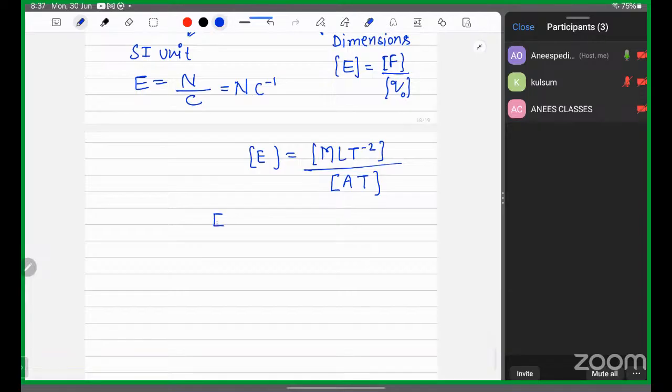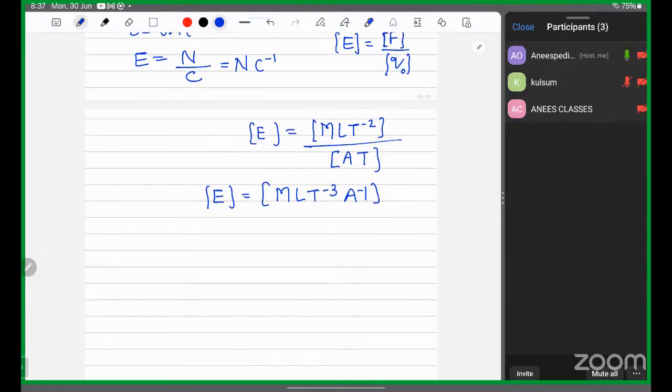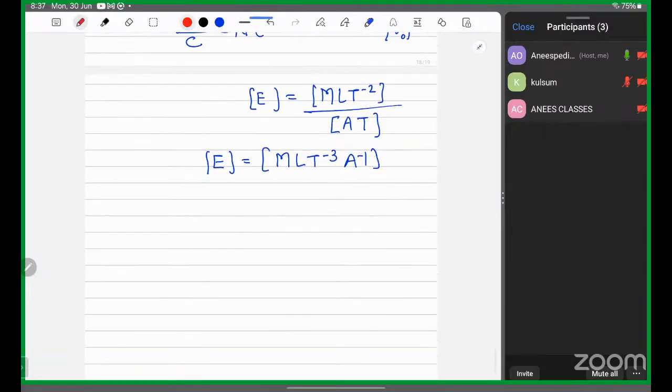And if you manage it, you will get the dimensional formula M, L, T minus 3 and A minus 1. One more unit you can obtain from the dimensional formula. If you look at the fundamental units in E, we have M, which will be in kg, then L, meter, then time, second raised to minus 3, and finally ampere, A inverse.